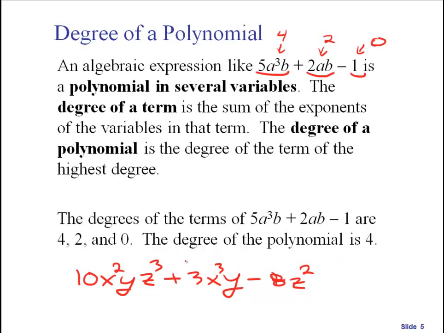What would be the degree of this polynomial? The degree would be 6. Why is it 6? Well, this first term has a 3, a little hidden 1, and a 2. Put those all together, that's a total of 6. This term has a total of 4, and this term has a total of 2.